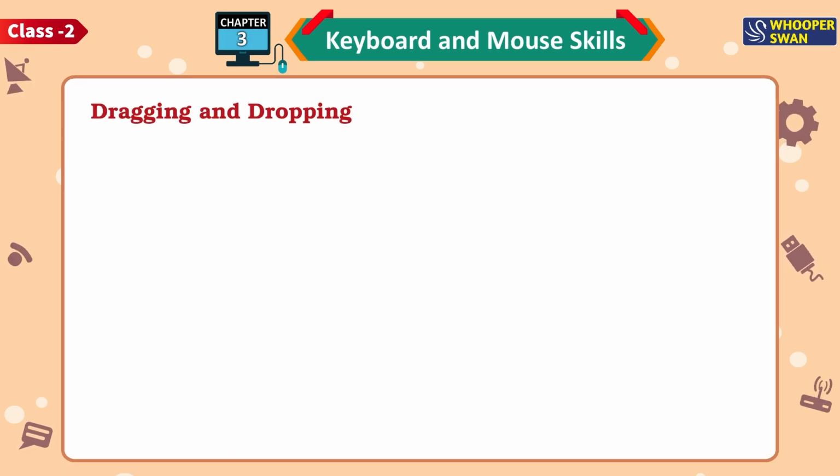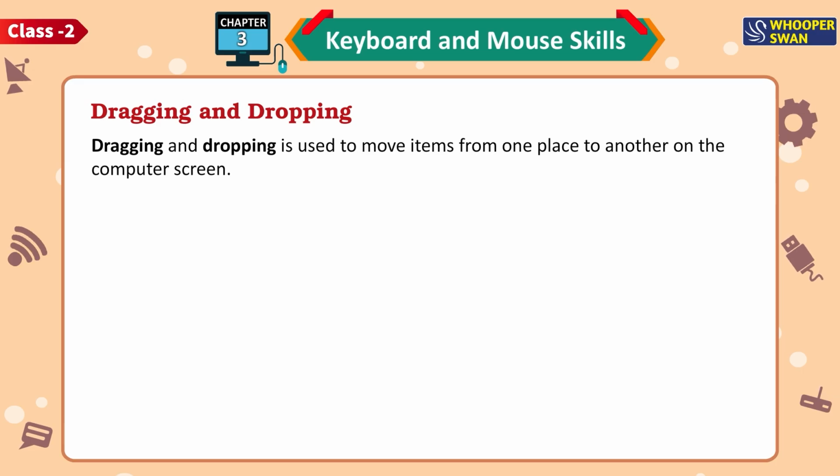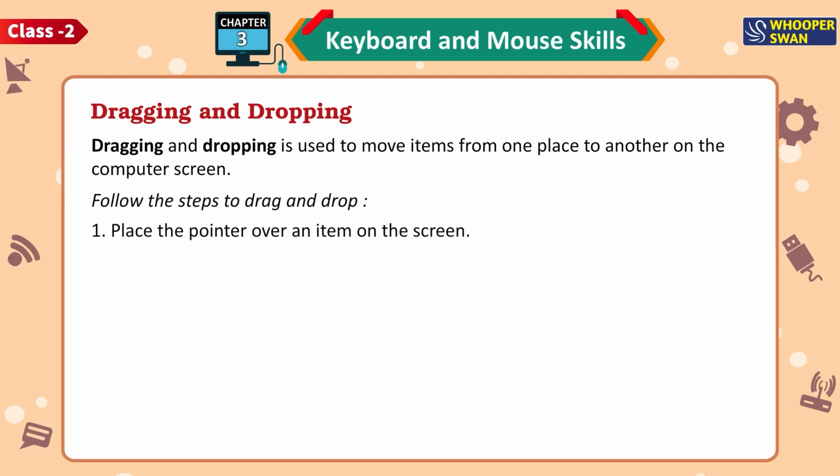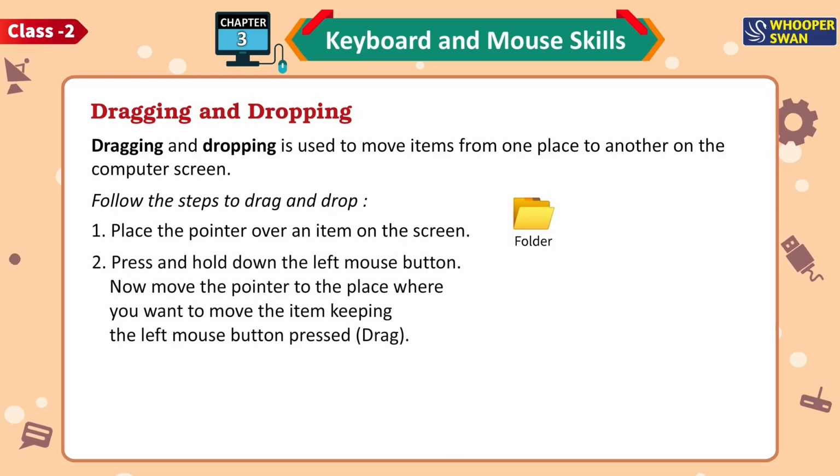Dragging and dropping. Dragging and dropping is used to move items from one place to another on the computer screen. Follow the steps to drag and drop. Step 1. Place the pointer over an item on the screen. Step 2. Press and hold down the left mouse button.